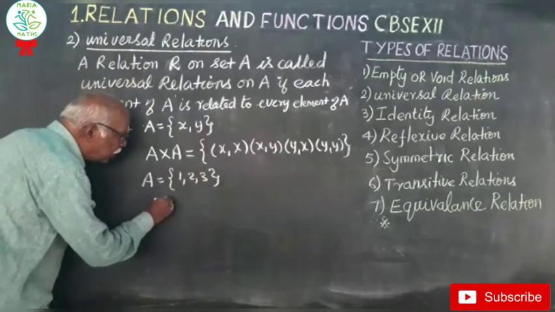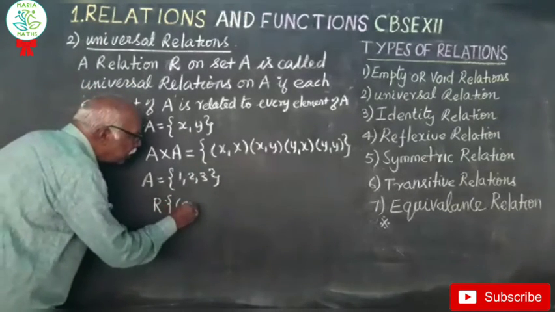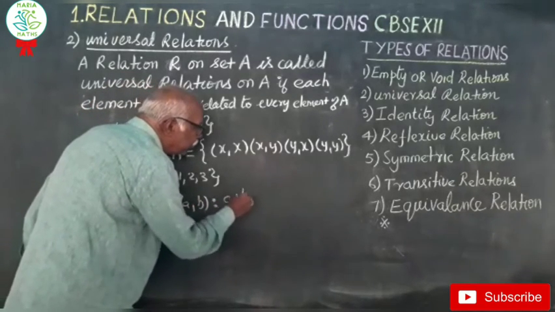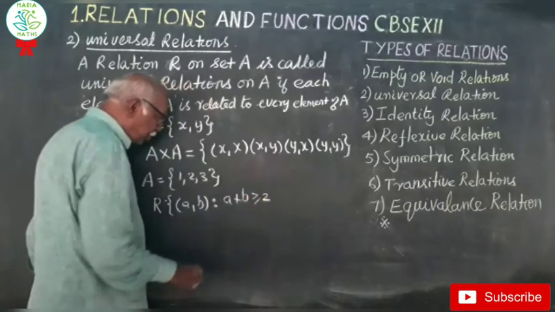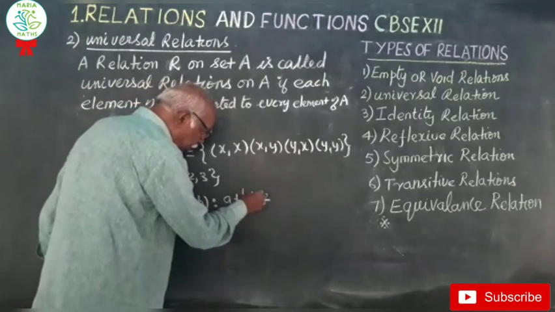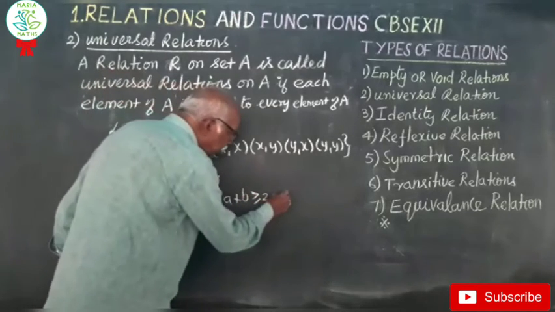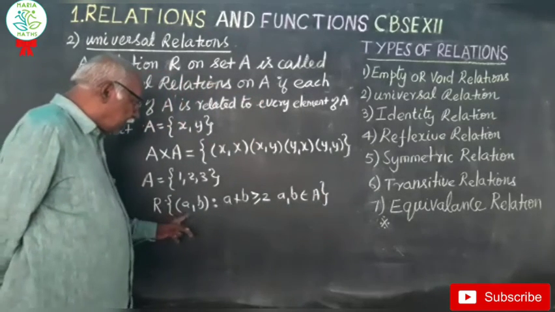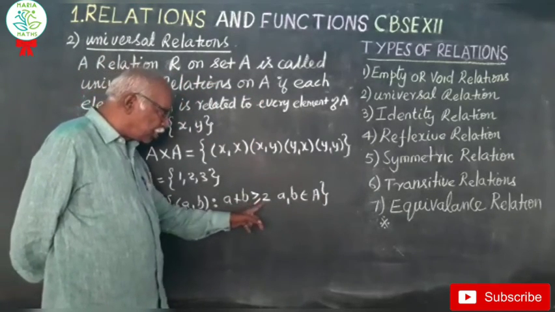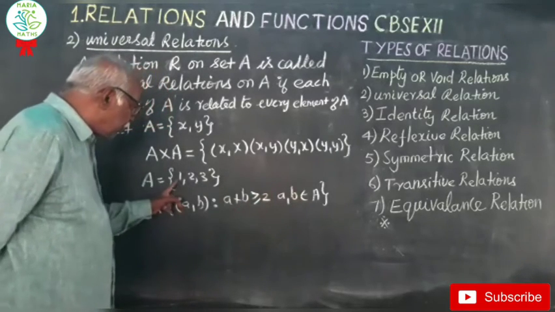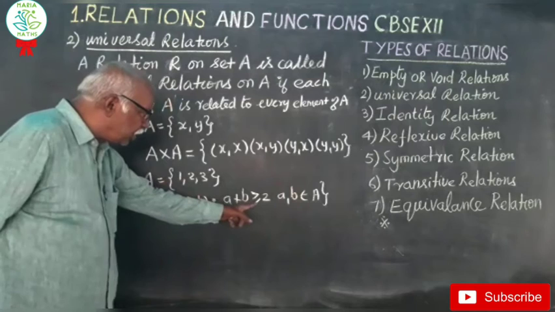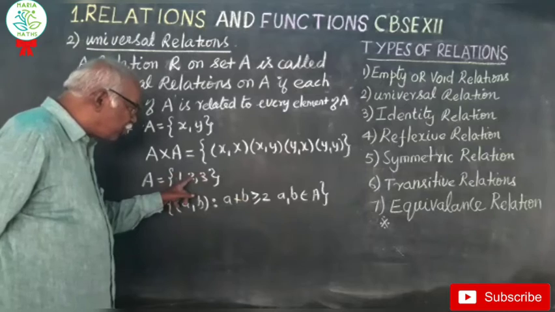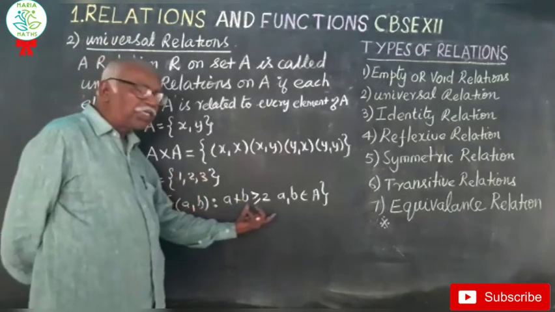A relation R such that (a, b), a plus b greater than or equal to 2, where a, b belongs to A. See, 1 plus 1 is 2, the minimum sum is 2, it is greater than or equal to 2. Then 1 plus 2, 3, 1 plus 3, 4, 2 plus 2, 4, 2 plus 3, 5, 3 plus 2, 5, so it is always greater than or equal to 2.